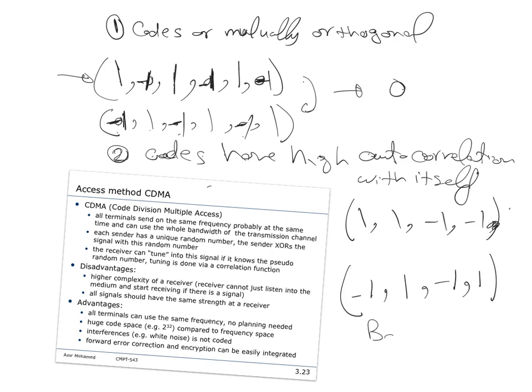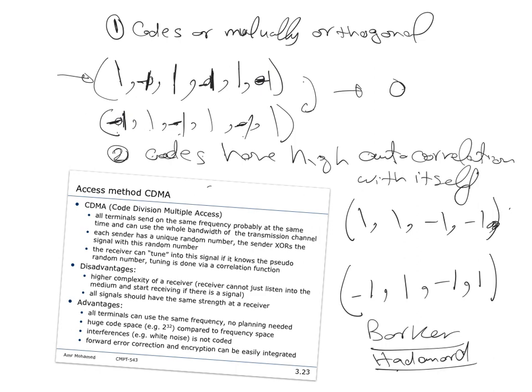There's a guy called Barker who invented a way to generate these codes, and also we have Hadamard. He created the Hadamard matrix, and each row in this matrix fulfills those two conditions. So you can generate a huge matrix, like 32 by 32, where each row fulfills those two conditions using ones and minus ones.